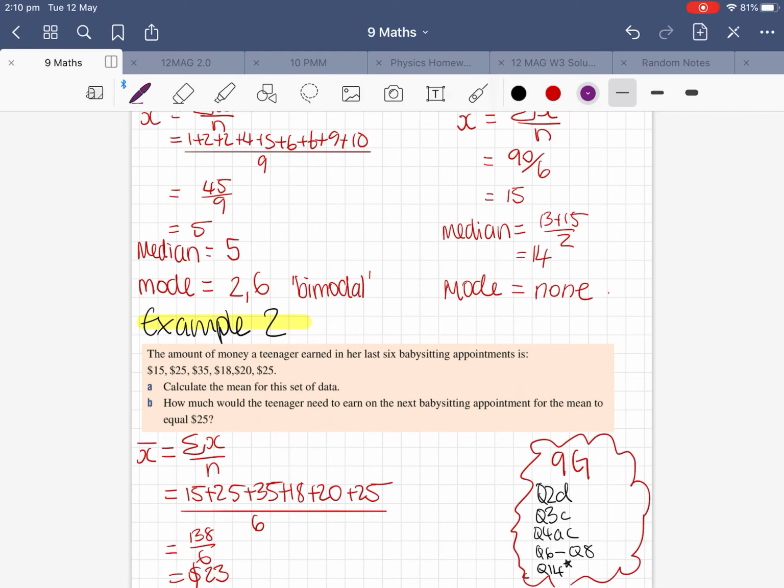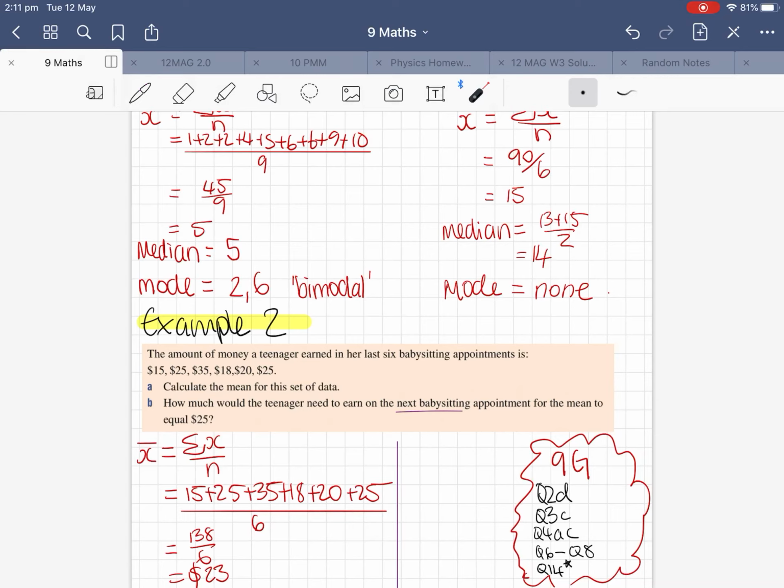Now, I'm going to switch pen colours so we don't get confused and go down here. Part B says, how much would the teenager need to earn in the next babysitting appointment for the mean to equal $25? Well, what that means is that all of this on top plus an unknown value over 7, because that would mean 7 babysitting appointments, is going to equal 25.